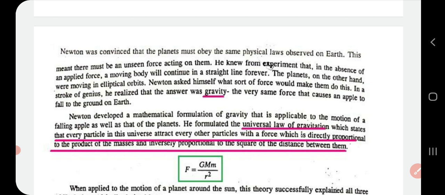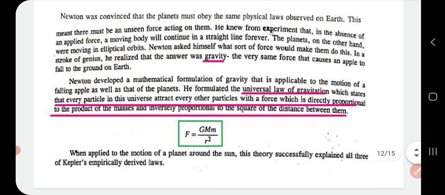So for the existence of these three laws of planetary motion proposed by Kepler, definitely there should be a force acting on the celestial bodies, and he found that this force is gravity, the very same force that causes an apple to fall to the ground on Earth.